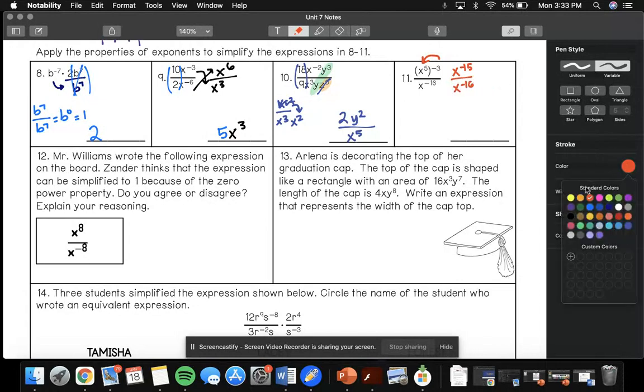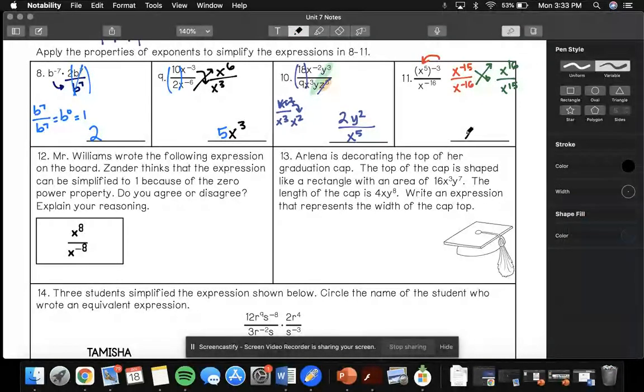Then I'm going to move any negative exponent. So the negative 15, I'm going to move down to a positive 15. And then x to the negative 16, I'm going to move up to make it a positive 16. Then finally, I have 16 on top and 15 on bottom. 16 minus 15 is 1, or I have 1 more on top. So I could just write x or x to the 1.